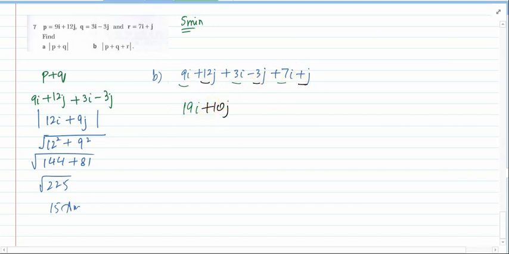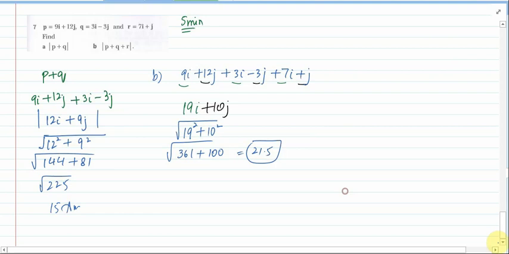Now the magnitude of it will be the square root of 19 squared plus 10 squared. 19 squared is 361, plus 10 squared is 100, and the root of it gives you the value of 21.5. So that is your answer.